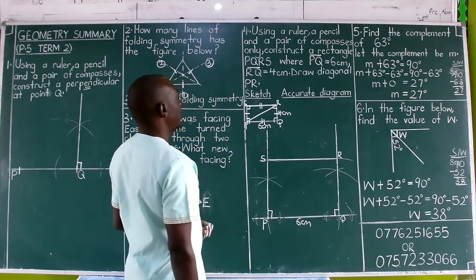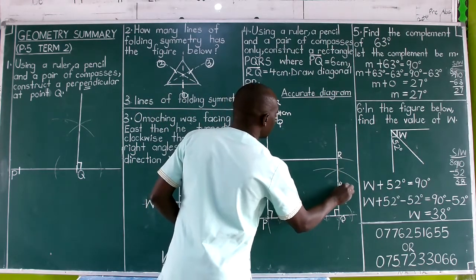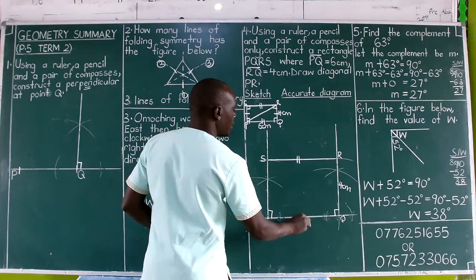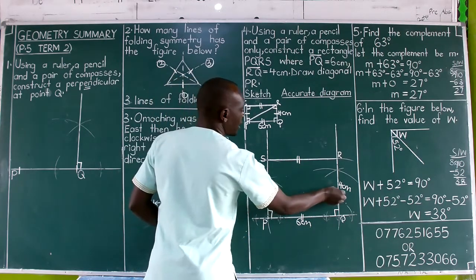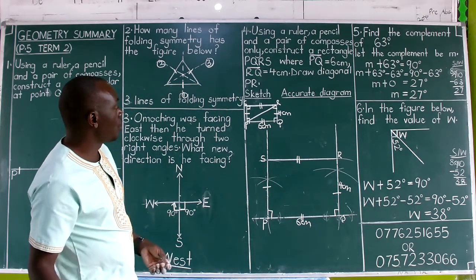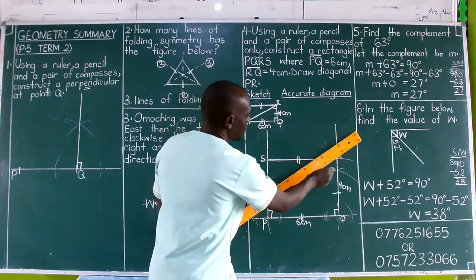PQRS. And now show all the properties. This is 4 centimeters. This side is equal to this side. Then this side is equal to that side. Now we are yet to show the diagonal as instructed.